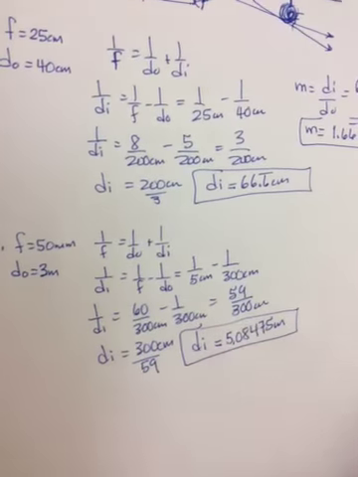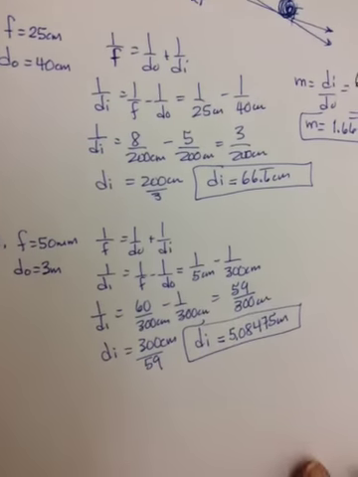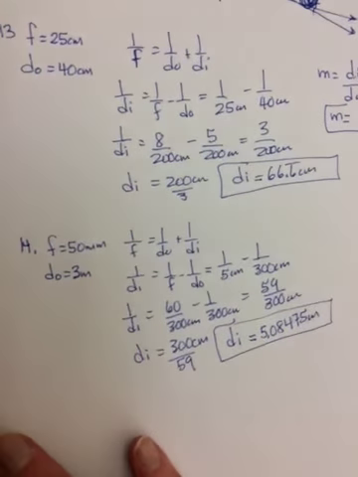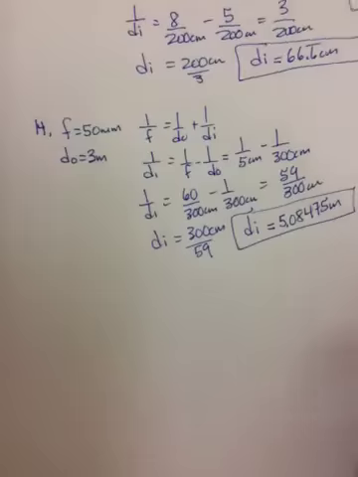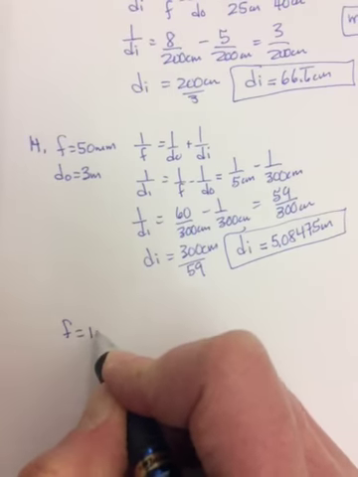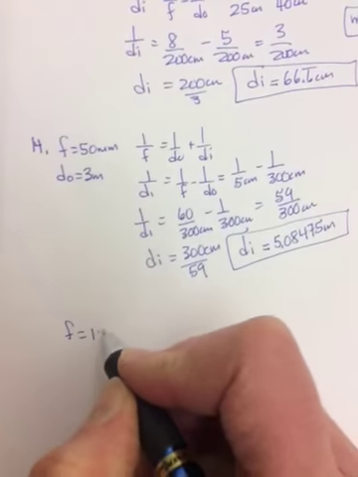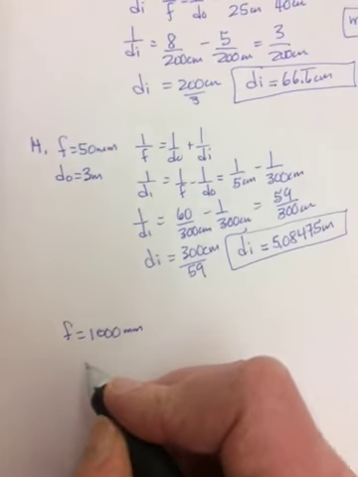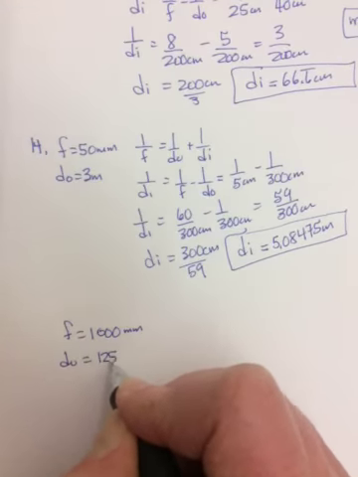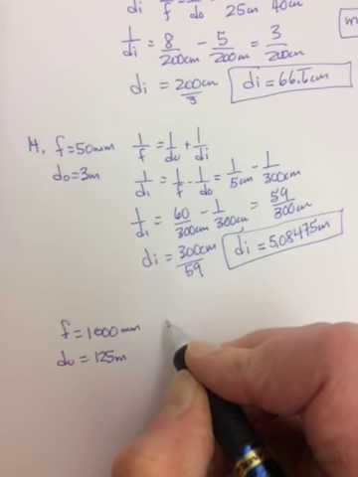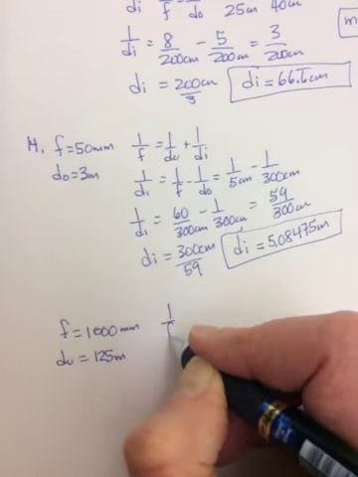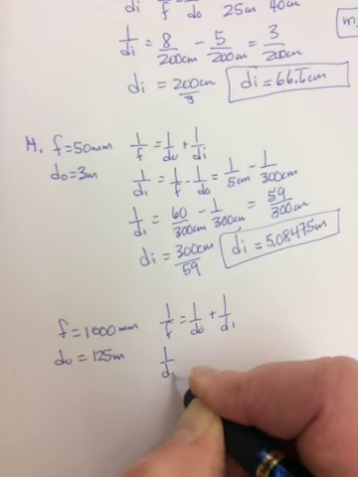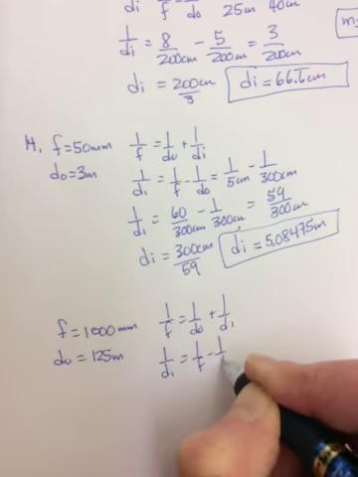Part B says a 1,000 millimeter lens is focused on an object 125 meters away. Okay, so this time the F is 1,000 millimeters, and the DO is 125 meters away. And so again, you're going to do 1 over F is equal to 1 over DO plus 1 over DI. So 1 over DI is equal to 1 over F minus 1 over DO.